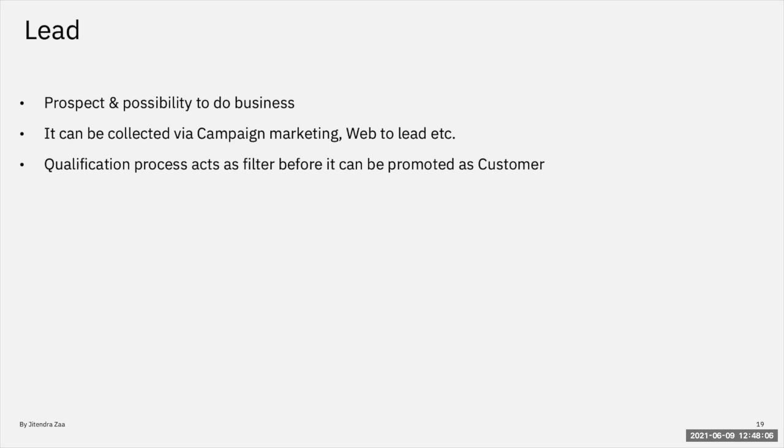If they're an existing customer requesting some information about a product, then case is a logical use for that purpose, because it's associated to an existing customer, right? If they're a prospect for a new service, or an entirely new prospect, then lead is a good choice instead. So again, it comes back to the purpose of that object and the context in which it's used.